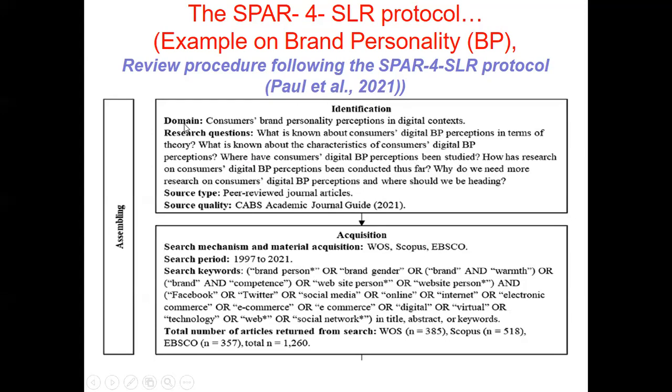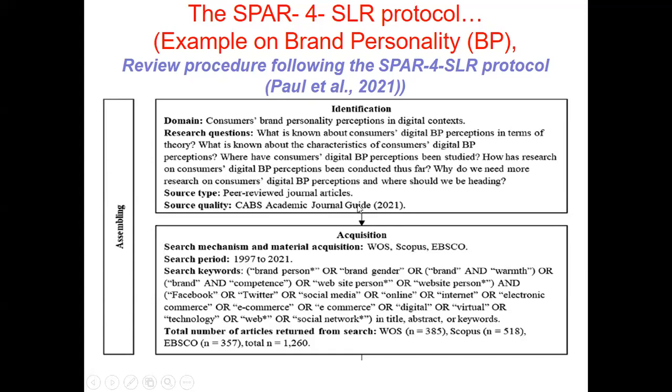The domain, for example: you have to show that it's consumer brand personality perception in a digital context. Okay. Then what were the research questions? Just list them here. Then the source types: peer-reviewed journal articles. Okay, so he's basing on peer-reviewed journal articles. Then source quality: he's using the CABS Academic Journal Guide. Okay.